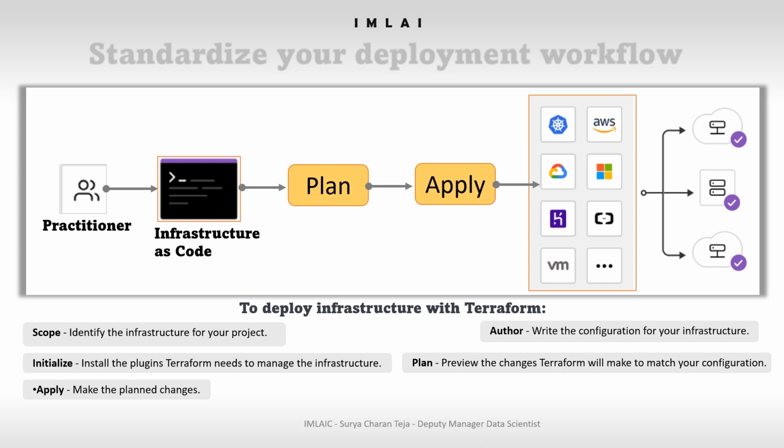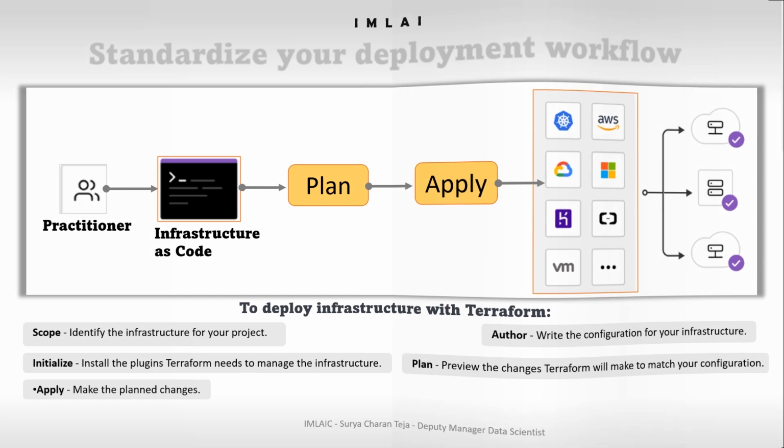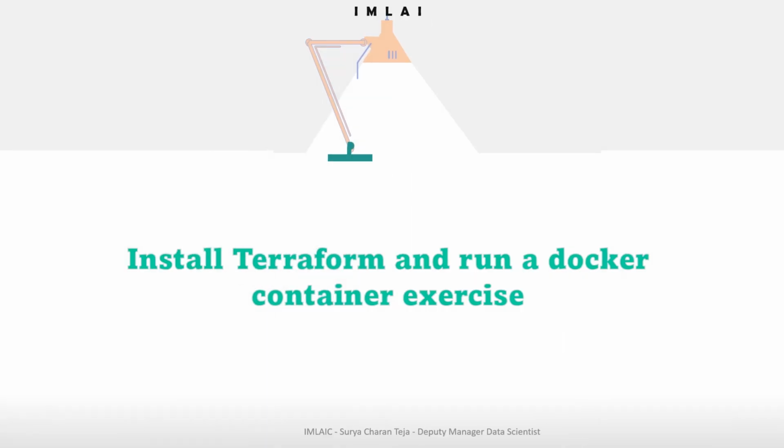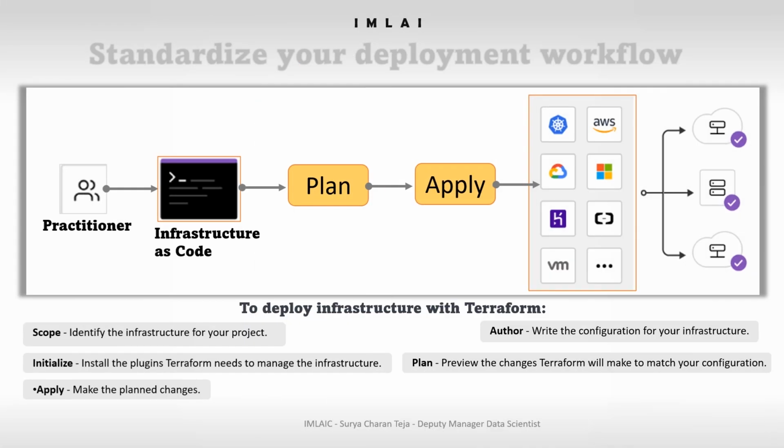In addition to that, after the apply, you can track your infrastructure. Terraform keeps track of your real infrastructure in a state file, called the state file, which acts as a source of truth for your environment.